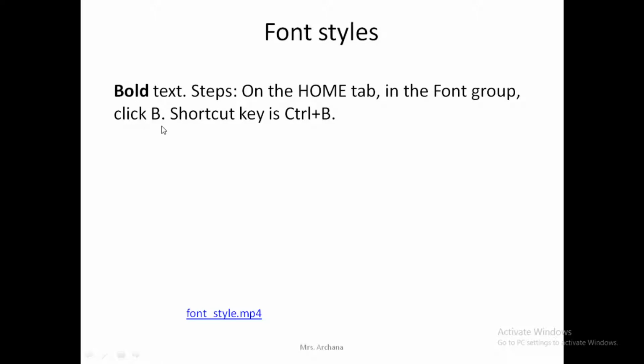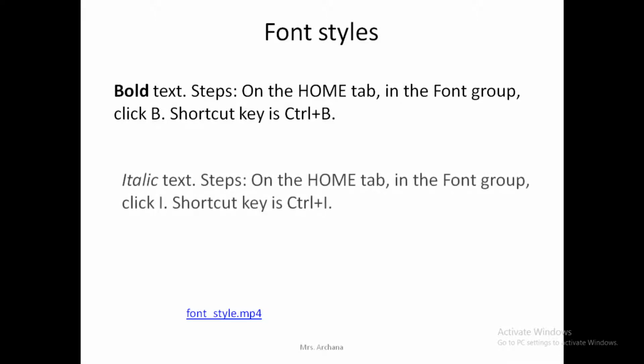But you have to select that text first. The first step must be select the text. After that only you can apply these steps. Otherwise, after selecting the text, you can click Ctrl plus B together. Okay, so your selected text will be bold.